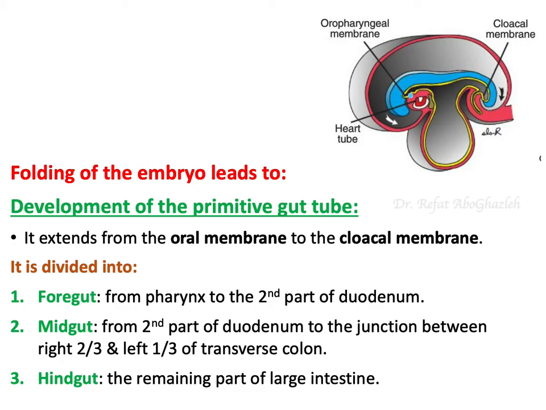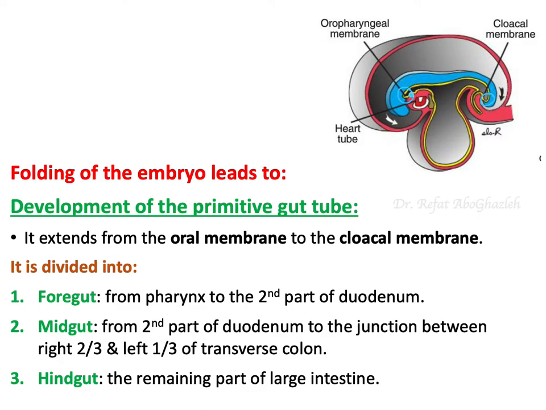You will see that it extends from the oral membrane, or oropharyngeal membrane. That means the GI system in our body, even in adults, extends from the mouth to the opening of the anus inferiorly. So it starts from the oropharyngeal membrane here until the cloacal membrane.